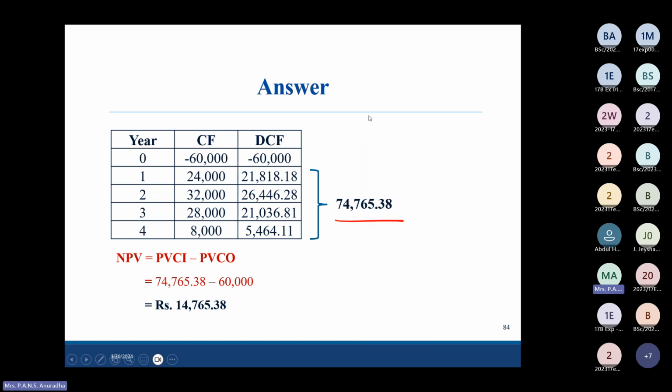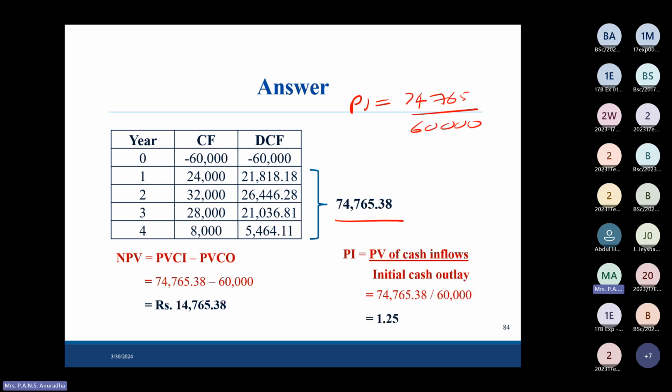So you will get 74,765 as the present value of the cash inflow. Then the PI index is 74,765 divided by 60,000, the cost of the project. So you will get a profitability index of 1.25, greater than 1. Net present value is positive.